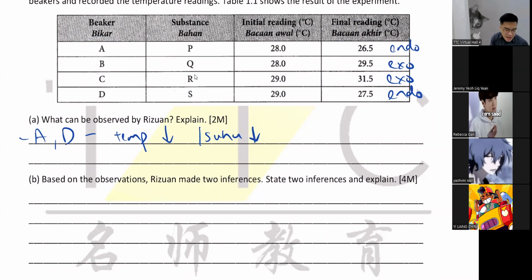As long as you get the point. Guys, do not write like this in exam. Do not write point form in exam. I've mentioned this 1,000 times. This is for your own reference. I don't want you to write long in your notes because it's very time wasting. For B and C, this is temperature increase, suhu meningkat.